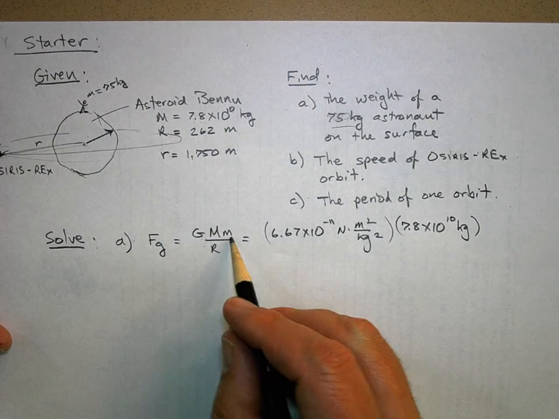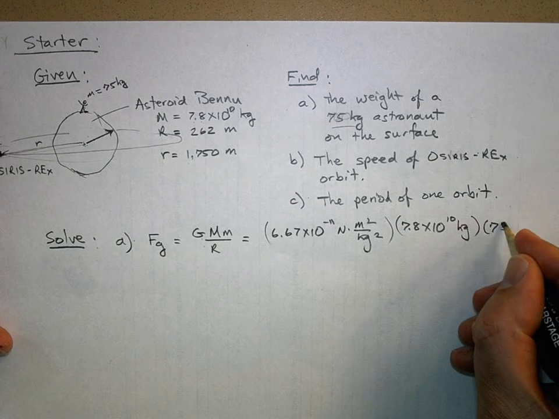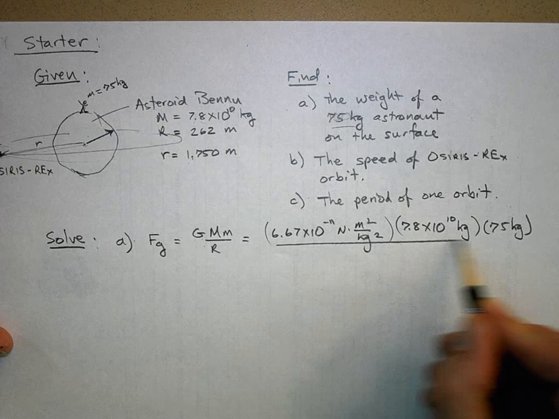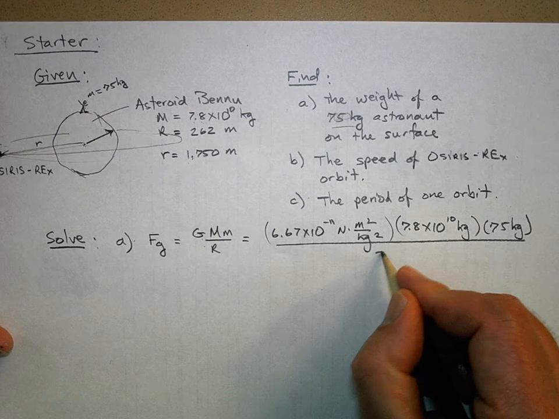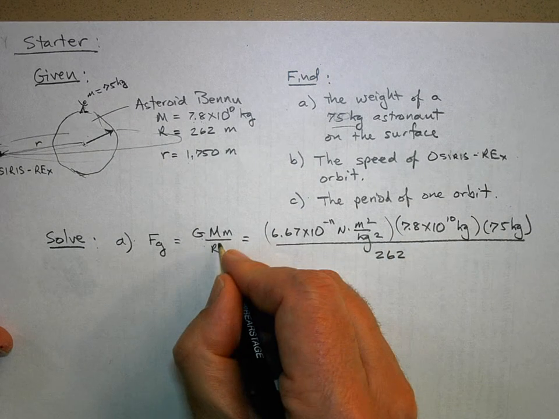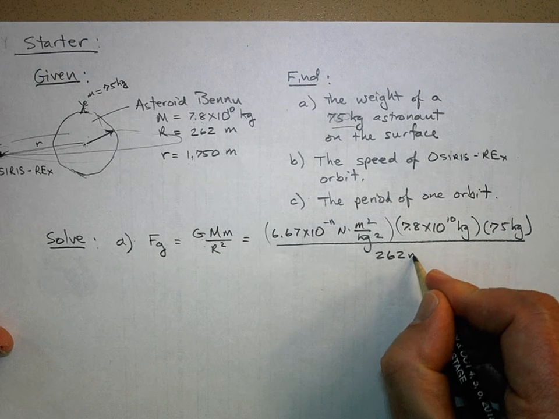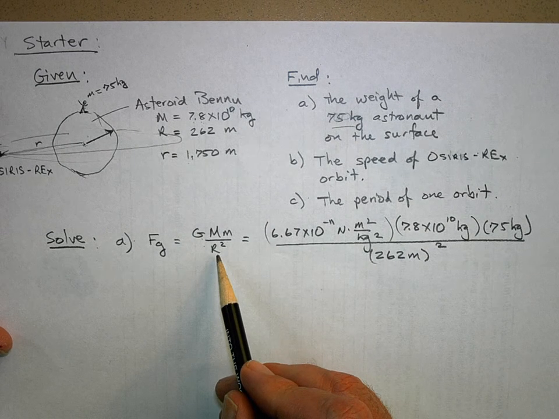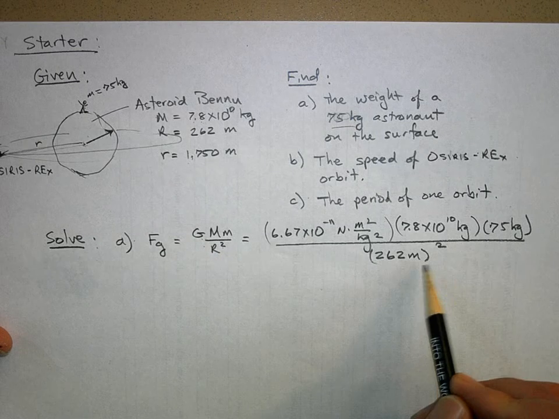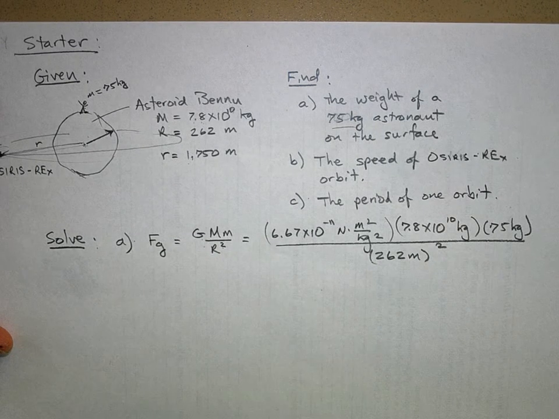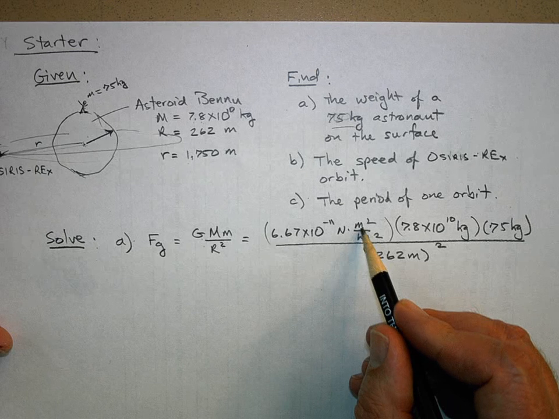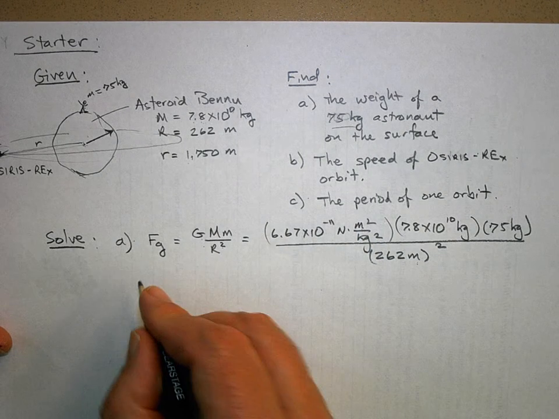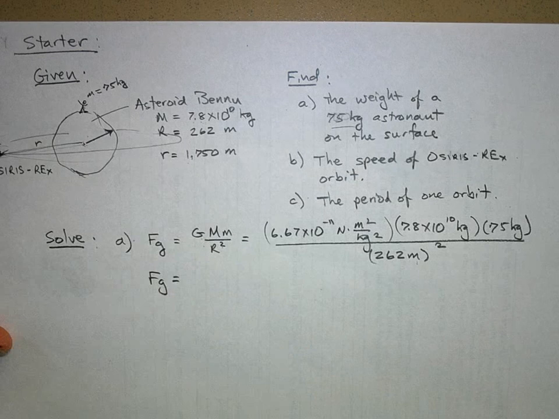And then the mass of the astronaut is 75 kilograms. And then we're going to divide this by the radius, 262, this should be squared, I'm sorry, meters squared. And by the way, I forgot to put the square on there, but because I use units, I would have caught that mistake, because I know I need to cancel out this meter squared with the squared meter on the bottom. So showing your units is always a good way to catch your mistakes.